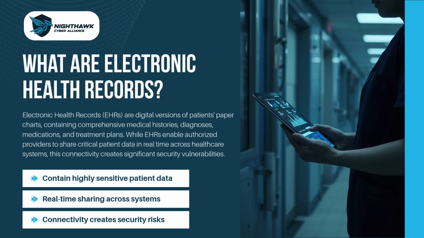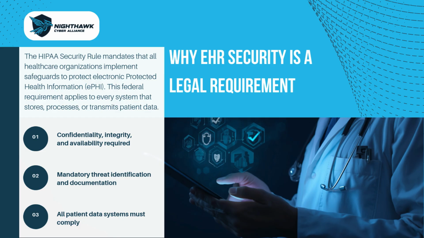The HIPAA security rule mandates that every healthcare organization implements safeguards to protect electronic protected health information, known as EPHI. This is a federal requirement that applies to every system that stores, processes, or transmits patient data. No exceptions.